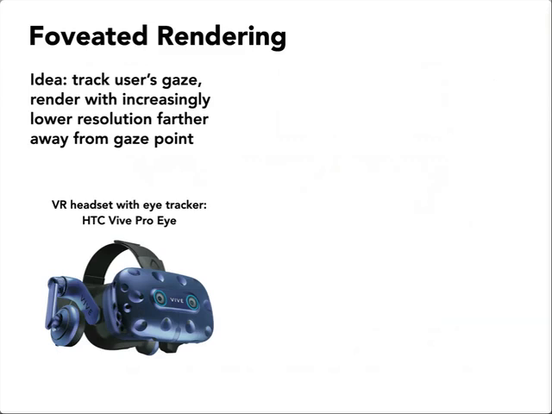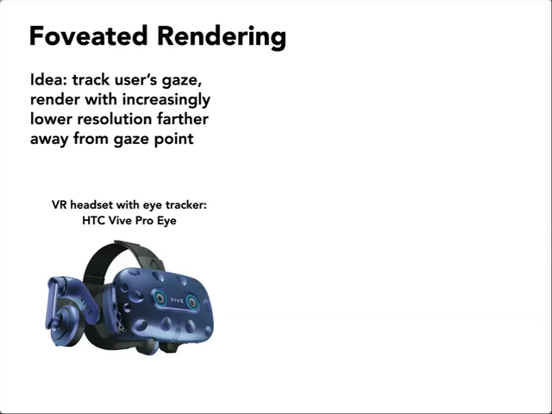So in other words, you start tracking inside the headset with each eye: where is the eye looking exactly on that array of pixels? And you render the location where they're looking with full definition, full quality, and then allow yourself to render with lower quality and presumably higher speed away from it.